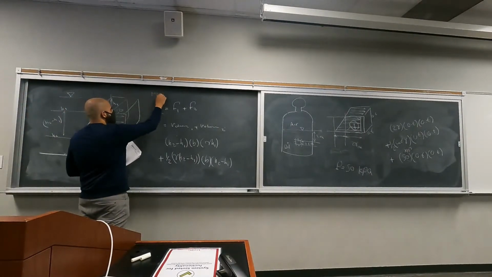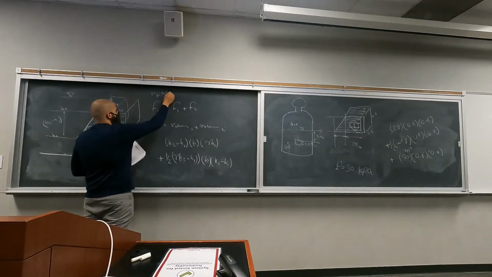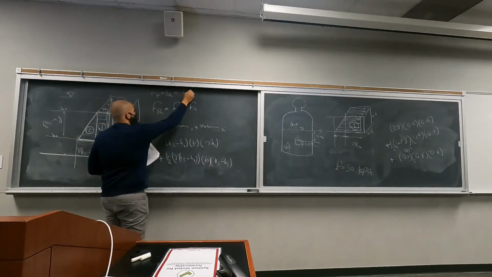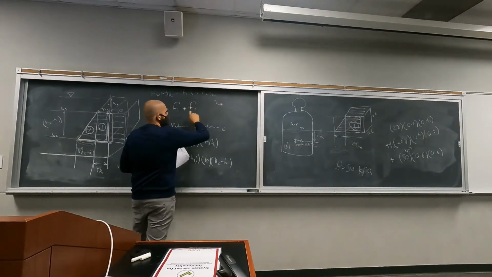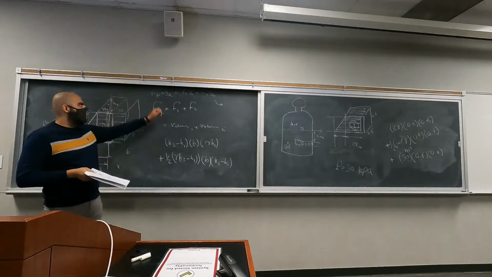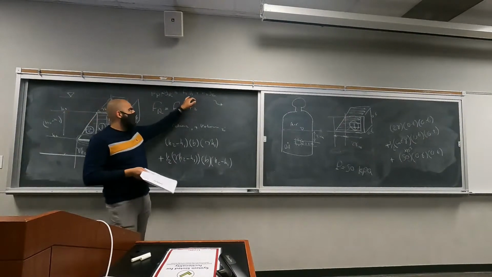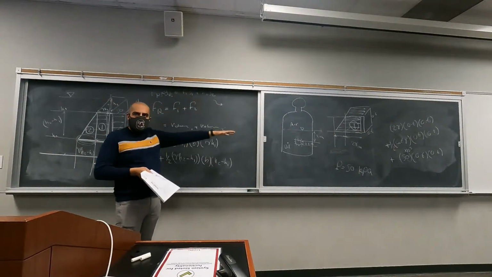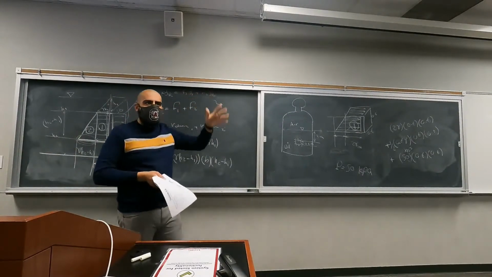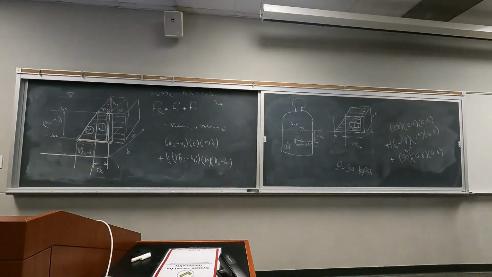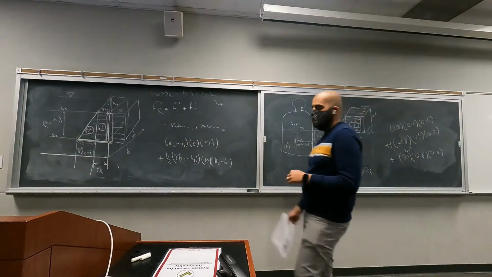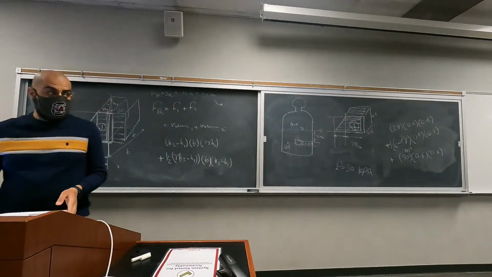So F_R multiplied by y_R equals F1 multiplied by y1 plus F2 multiplied by y2. We rearrange this equation to find the location this resultant force is applied at. How do you find y1 and y2? Using the equations that we already had. It was a function of moment of inertia, the center of the location, and all of those nice things. We're going to solve some examples with this, so if it's not clear for you, hopefully it will become clearer on Tuesday.